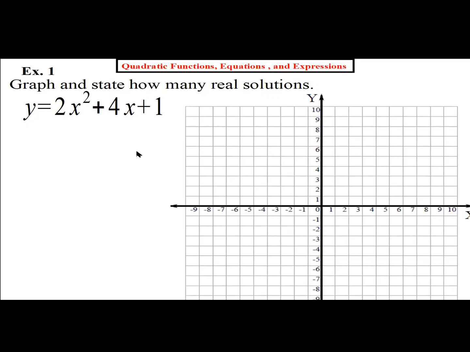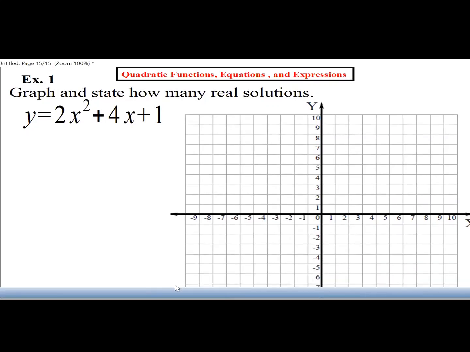Stay focused, please. First things first, I'm gonna set this equal to 0. So it's 0 equals 2x squared plus 4x plus 1. Now look what I'm gonna do. I'm gonna get rid of the constant.